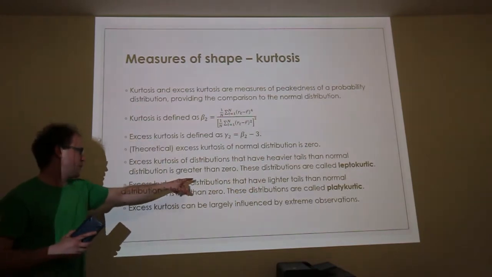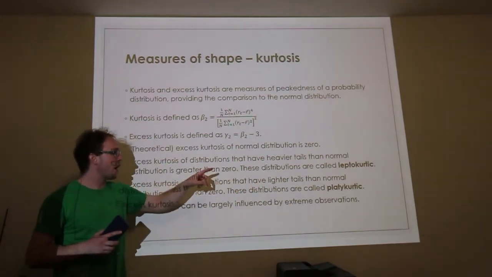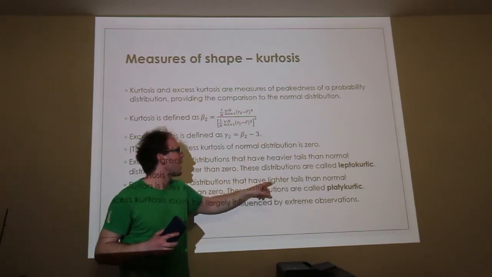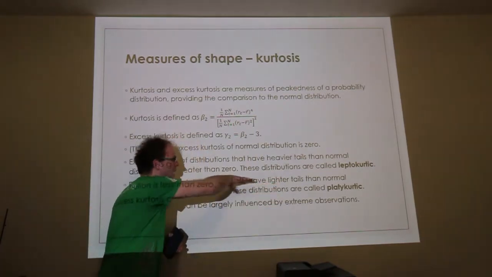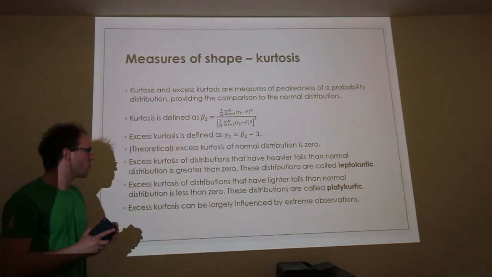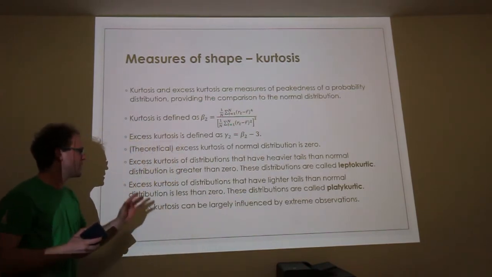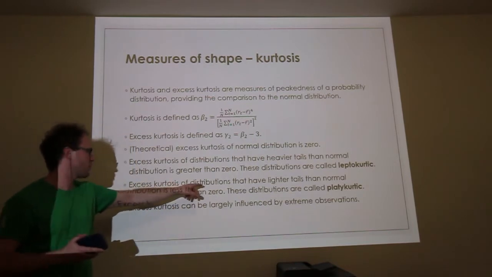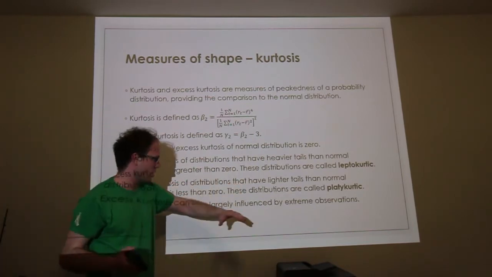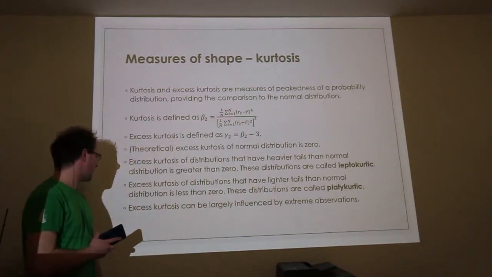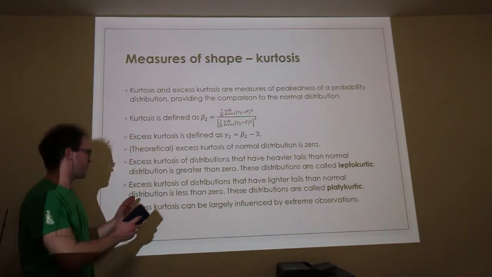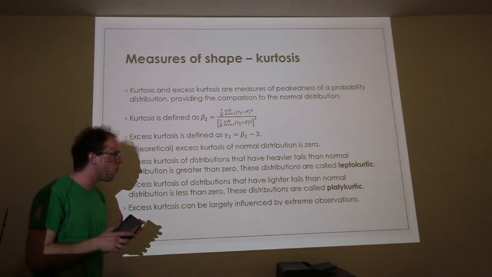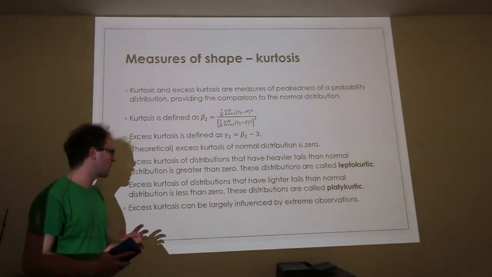Excess kurtosis of distributions that have lighter tails than a normal distribution is less than 0. So again, excess kurtosis of distributions that have lighter tails is less than 0. These distributions are called platykurtic.